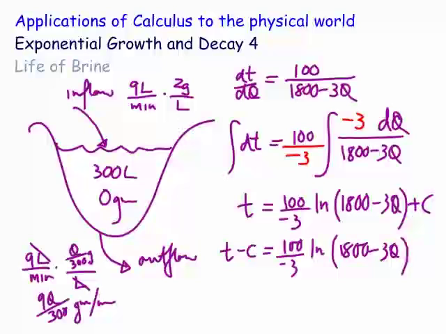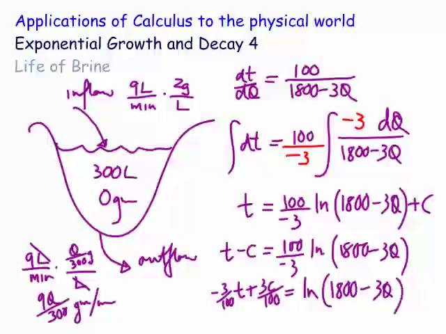Now we multiply everything by minus 3 on 100 to get rid of that 100 on minus 3. So we get minus 3 on 100 t plus 3c on 100 equal to ln of 1800 minus 3Q.